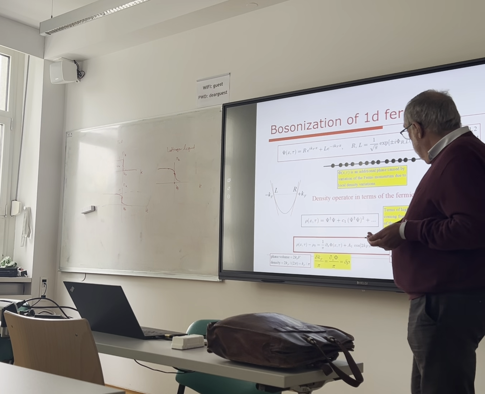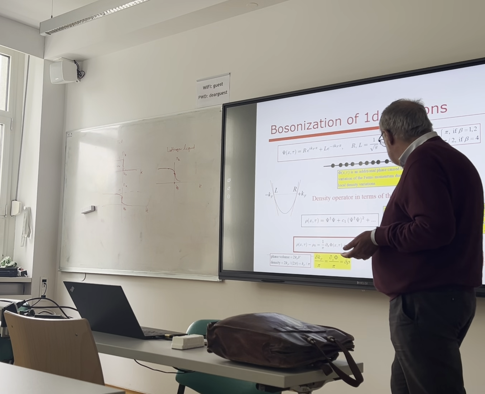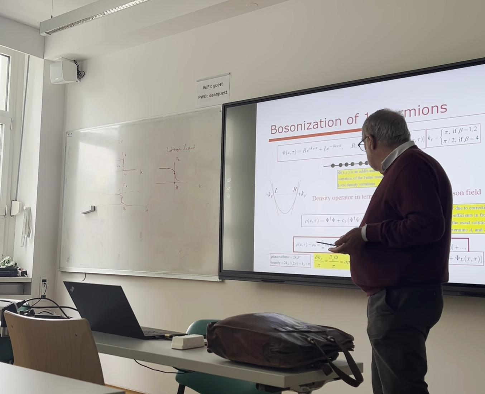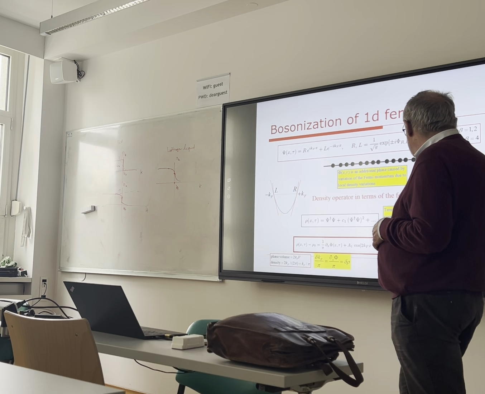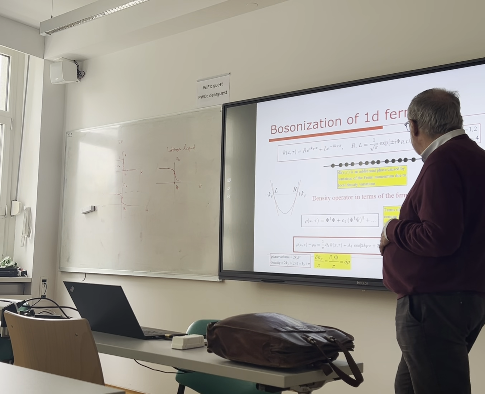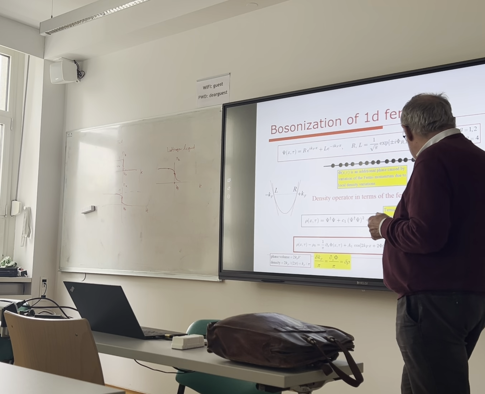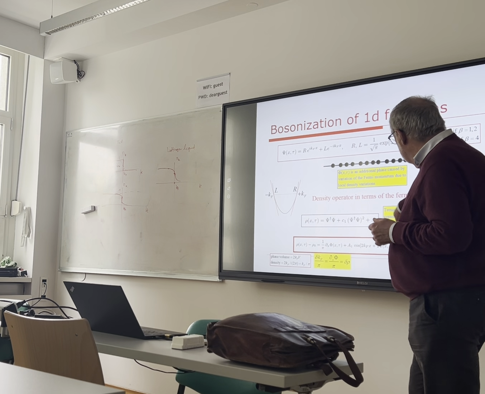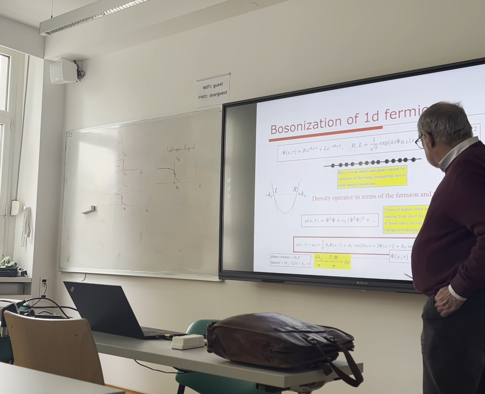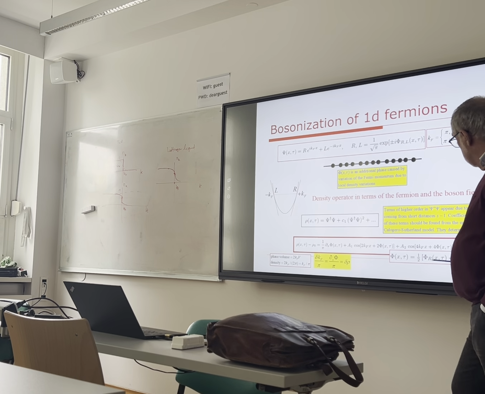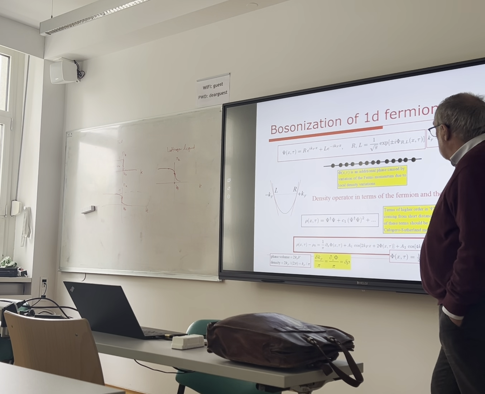And then what we did, we expressed the density correlation function in terms of the bosonic field. When I do this, I forgot to say that in fact what appears is the combination of right and left here.